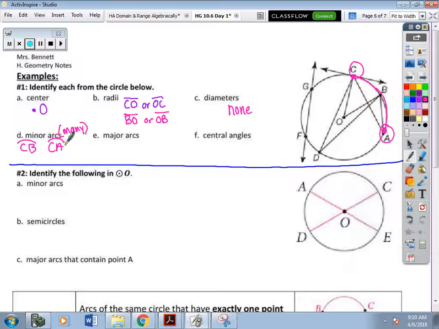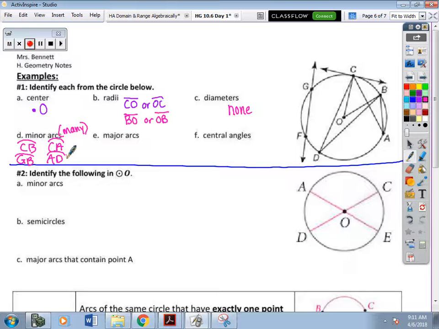We only use two letters. Who could give me another one? There's lots of them in this picture you could come up with. Marquise? Arc GB. Yep. Who could give me another one? Maddie? Arc AD, yes. AB would also be one, if you wanted to.